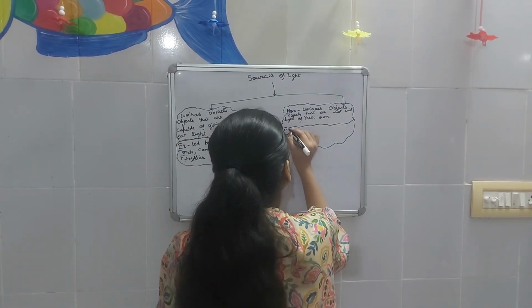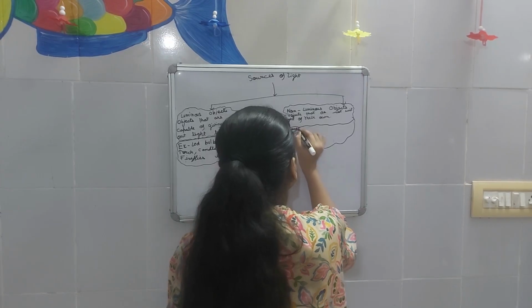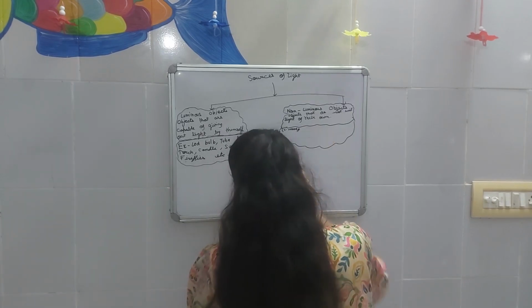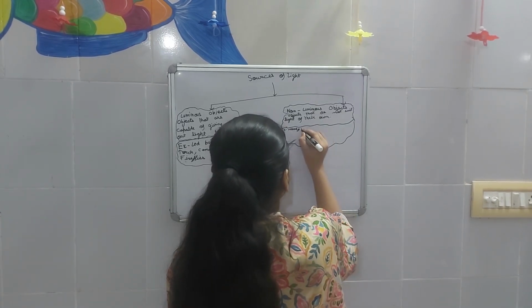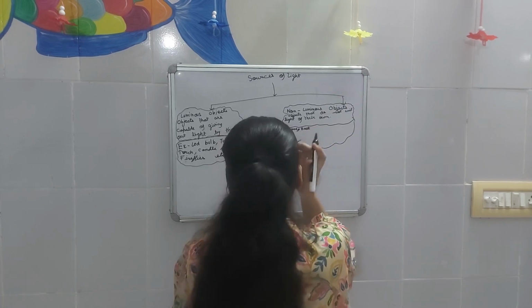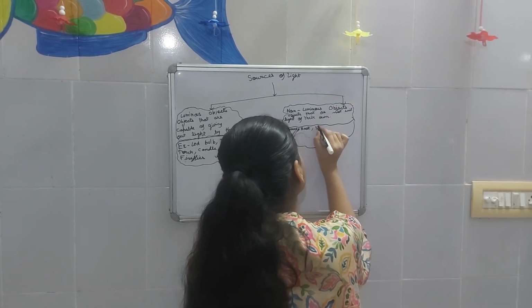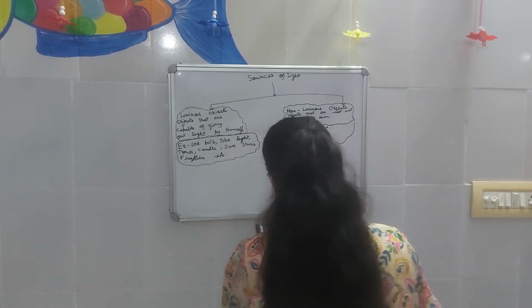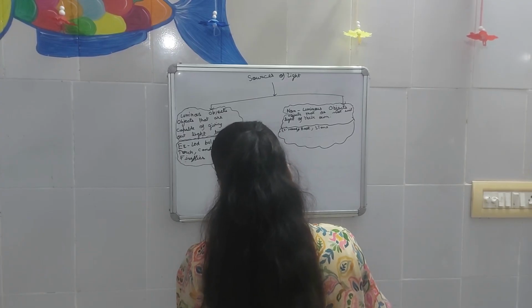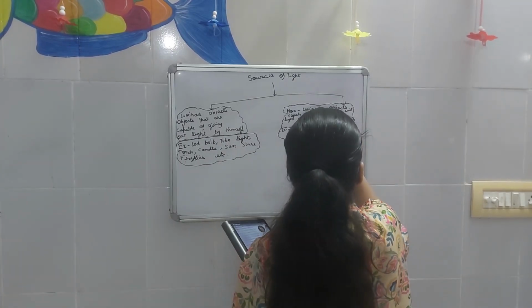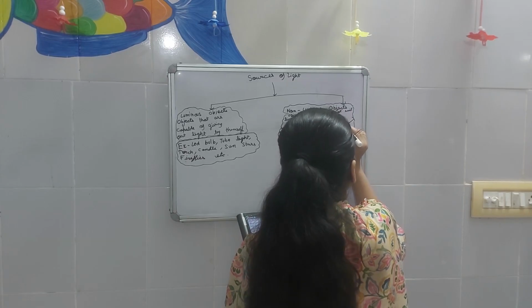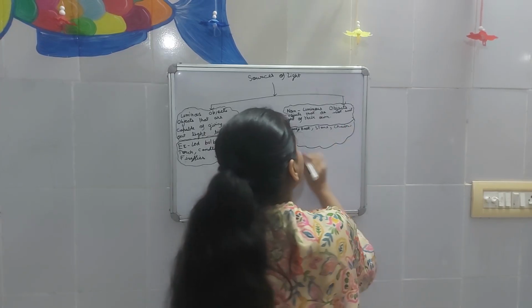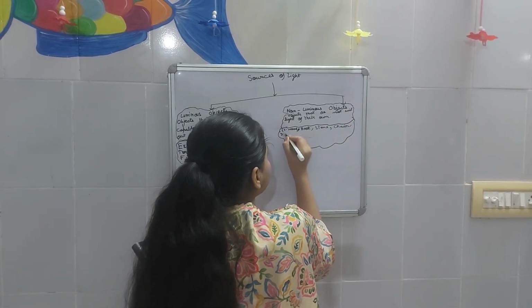So wood, then what else? Book, stone, chair, dining table.